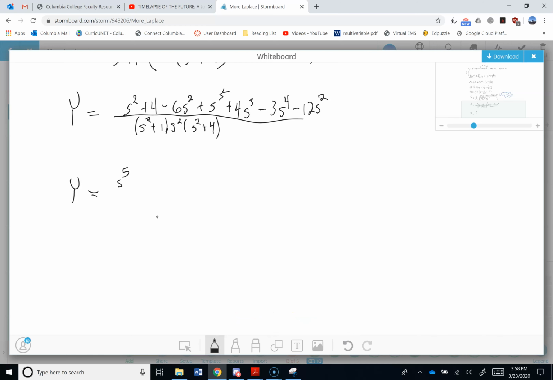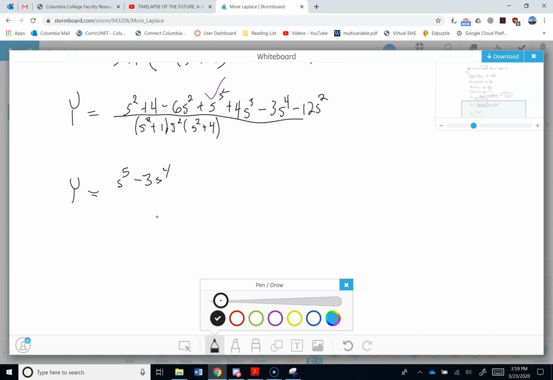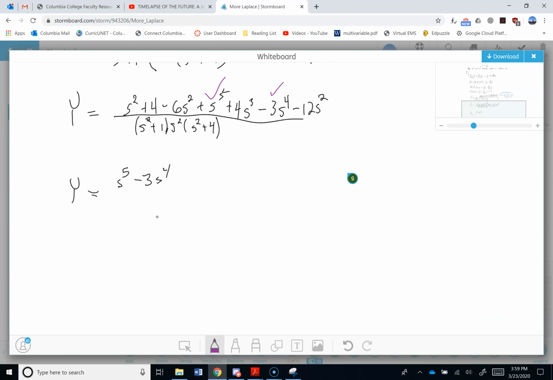Okay. So I got my s to the 5th, check. And then s to the fourths, I only have 1. So I have minus 3 s to the fourth, which is that one.